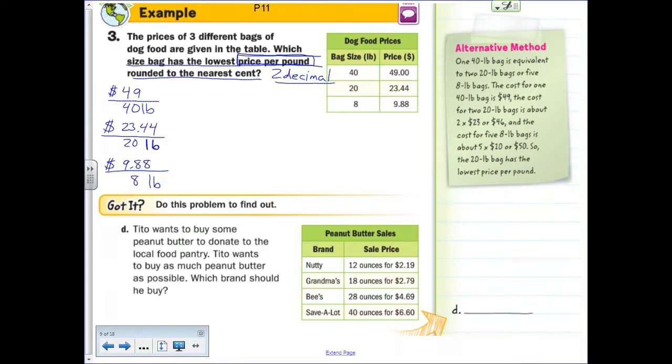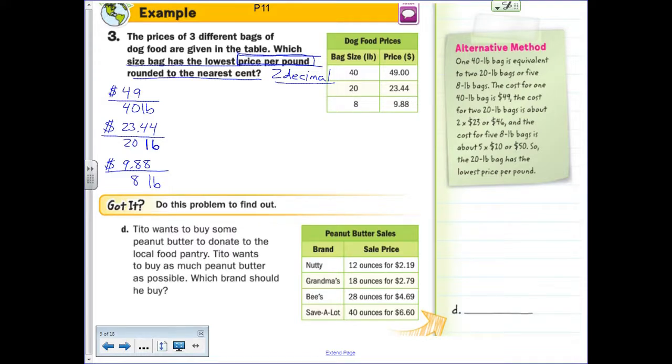So I need to pull out my handy dandy calculator to do these problems, because even though I can do long division, why would I want to spend a whole lot of time doing it? And I'm going to take the top number and divide it by the bottom number. Always the top number divided by the bottom number.